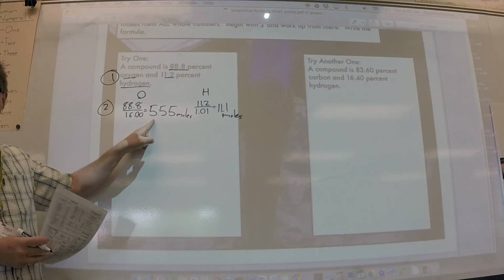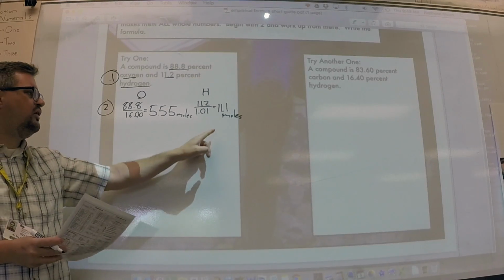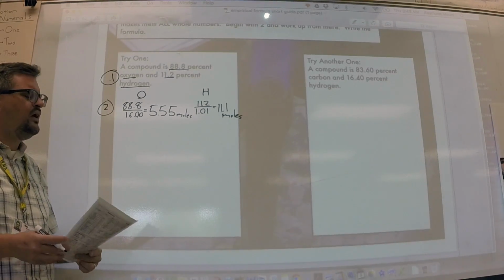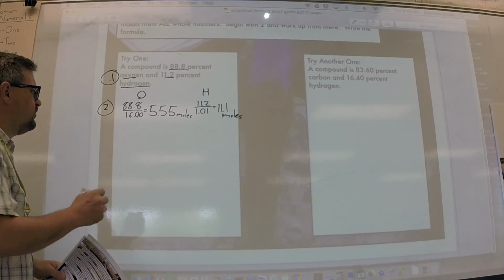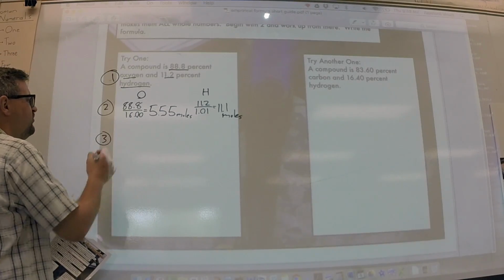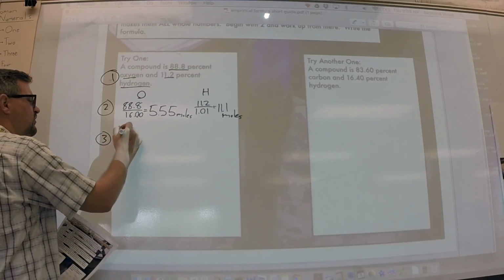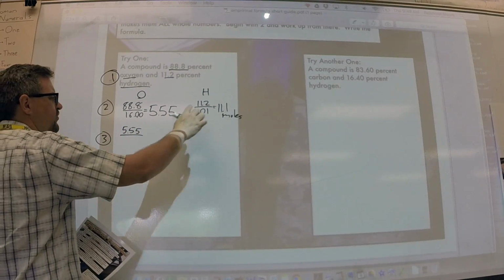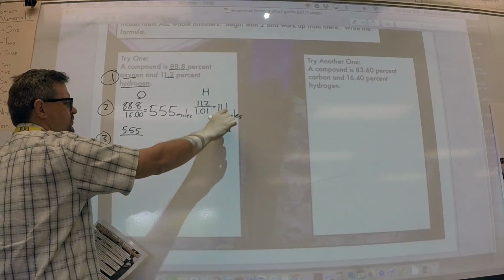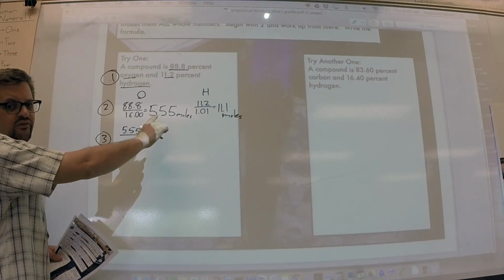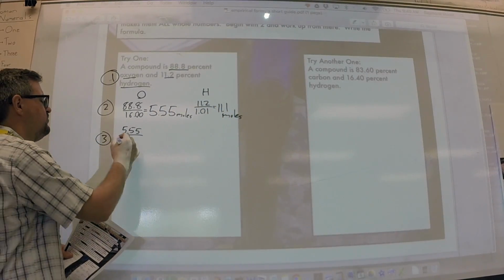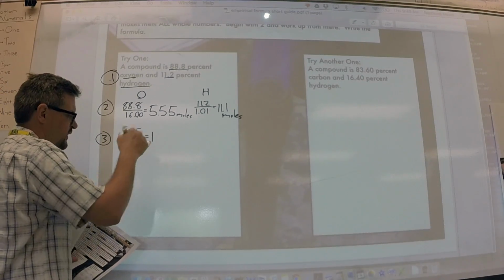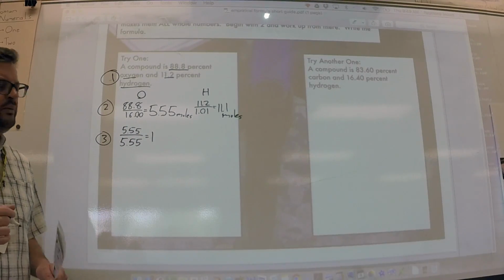We have 5.55 moles of oxygen, 11.1 moles of hydrogen. Step 3 then, we get our subscripts. For the oxygen subscript, we're going to divide 5.55 by the smallest of these 2 numbers from step 2. The smallest is 5.55, so we're dividing the number by itself, and we get a subscript of 1.